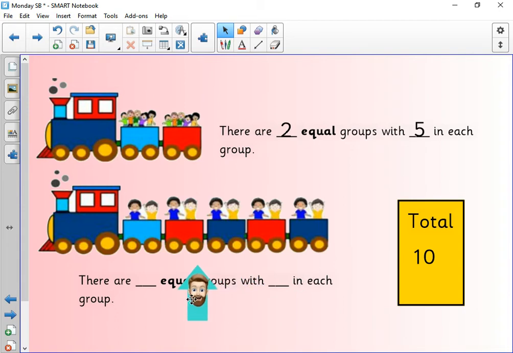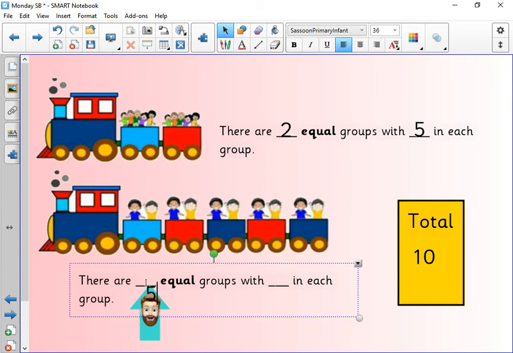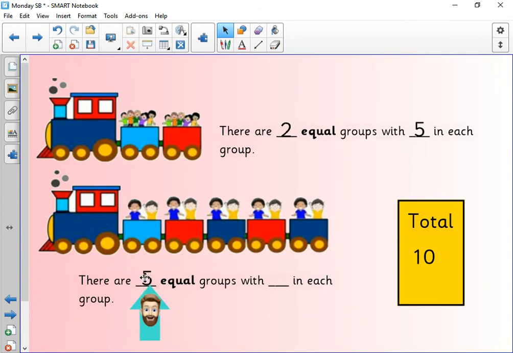Now let's have a look at this one. How many groups have I got this time? There are equal groups. How many equal groups? That's right. There are 5 equal groups. How many in each group? 2 in this one, 2 in this one, 2, 2, 2.